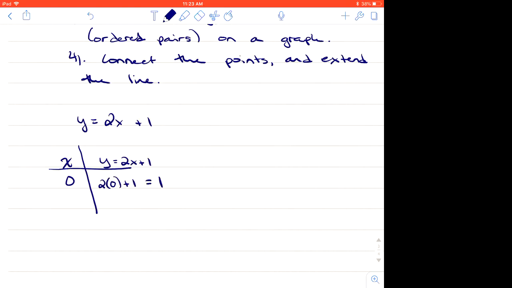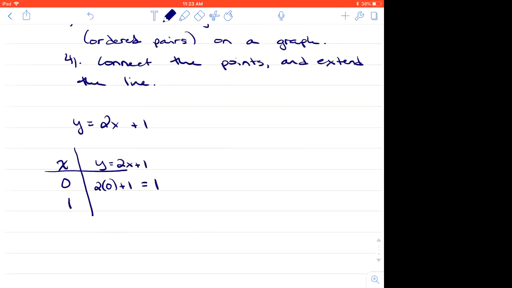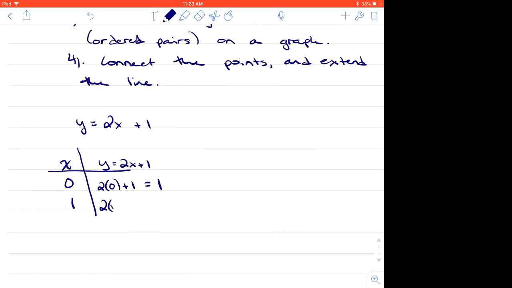And what's another easy value of x to deal with? I'm going to pick x equals 1. So we've already got our favorite x values, I guess. So 2 times 1 plus 1 is 3.